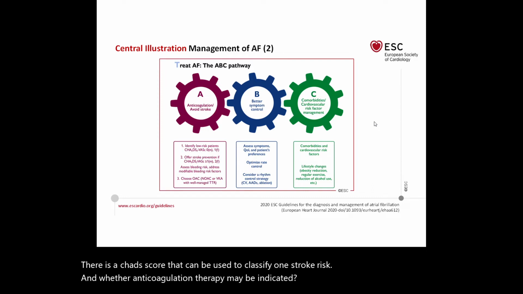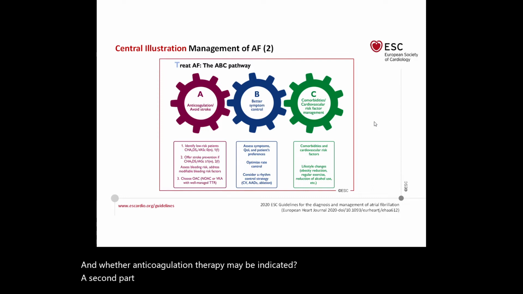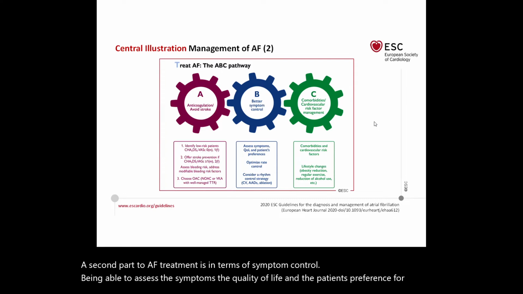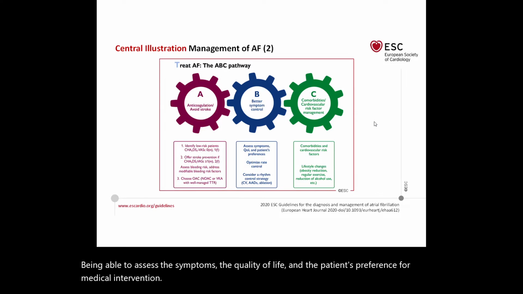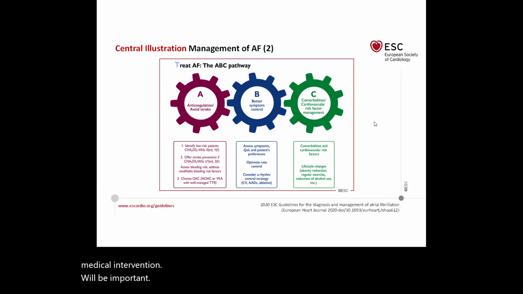A second part to AF treatment is in terms of symptom control. Being able to assess the symptoms, the quality of life, and the patient's preference for medical intervention will be important. Ideally, one will optimize rate control and consider a rhythm control strategy, such as ablation.